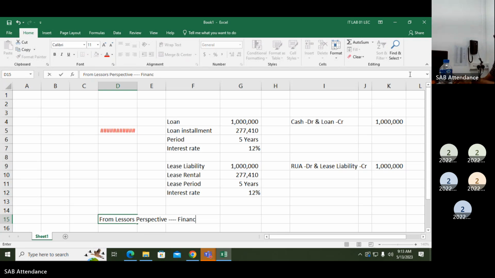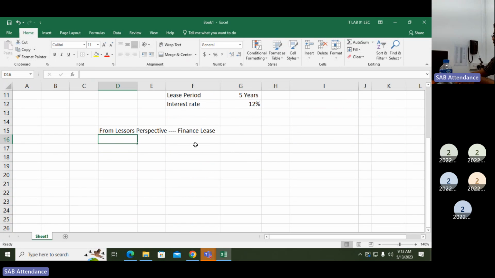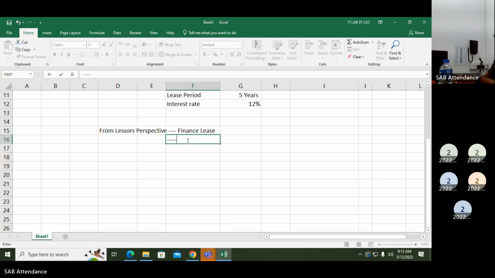We have finance lease and operating lease. Two leases. In the finance lease, the interest rate is available.